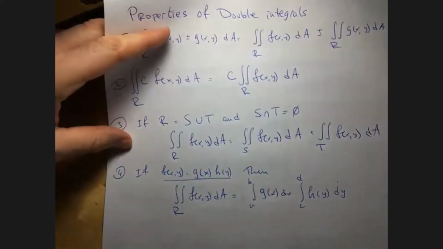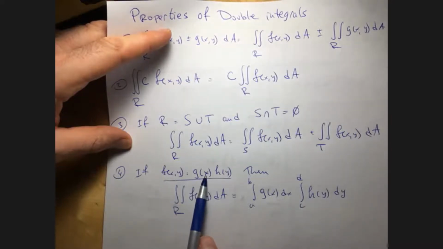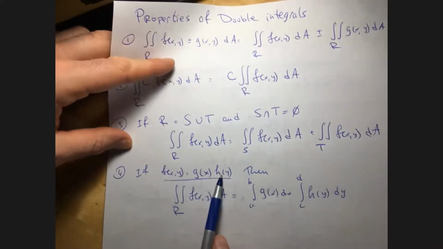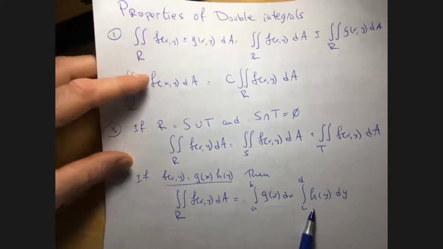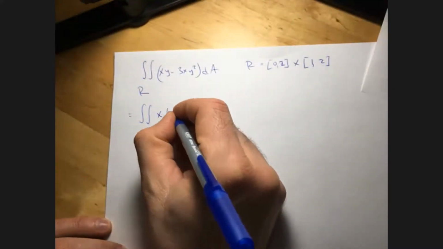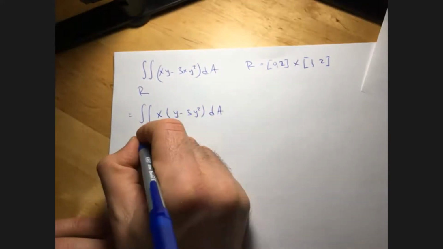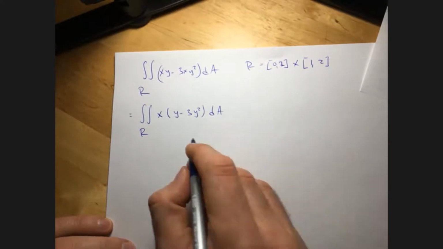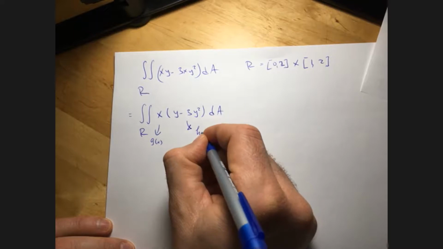Now with this last property that I just wrote down, if the function f of xy can be expressed solely as a product of a function in terms of x and a function in terms of y, then the double integral becomes a product of two single integrals. And that's exactly what happens here, because this is equal to x times y minus 3y squared dA over the region R. So this is g of x, and this is h of y.